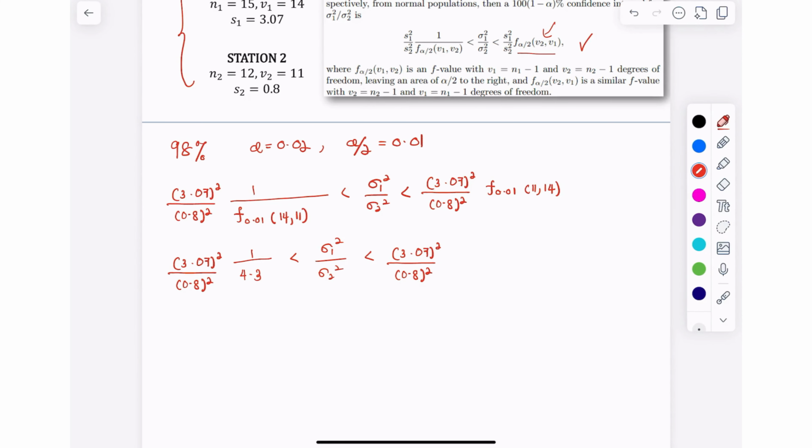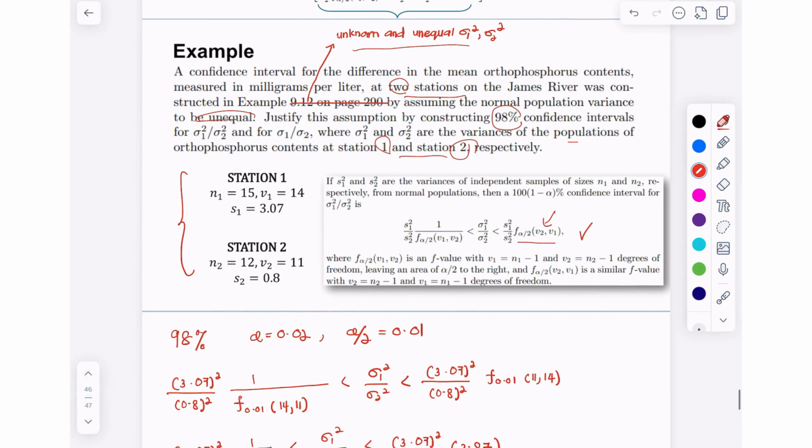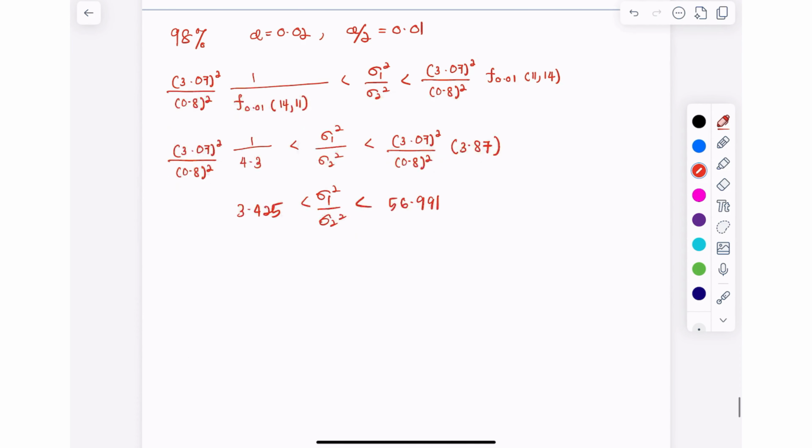So this is 3.87, and now you can calculate the ratio. This is in between 56.991 and 3.425, the ratio for the variance. The second one you need to find is for the standard deviation, which means we square root all the terms.